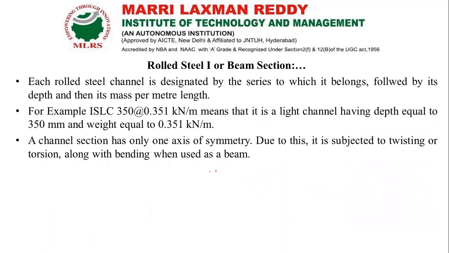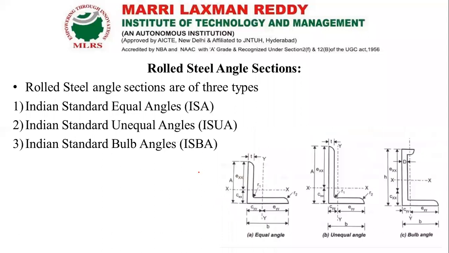While joining two channel sections, I can create the I section. Next, rolled steel angle sections. Here it can be classified into Indian Standard Equal Angle, Indian Standard Unequal Angle, then Indian Standard Bulb Angle. Indian Standard Equal Angle means this portion will be equal on both sides.